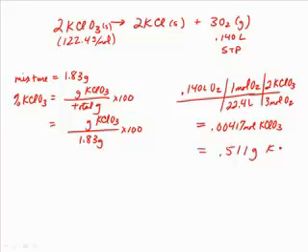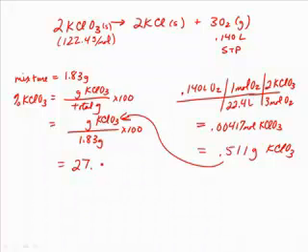So that's the KClO3. That's the value we're going to substitute in up there. And 0.511 divided by 1.83, and then times 100, gives me a percentage of 27.9%, which is answer A.